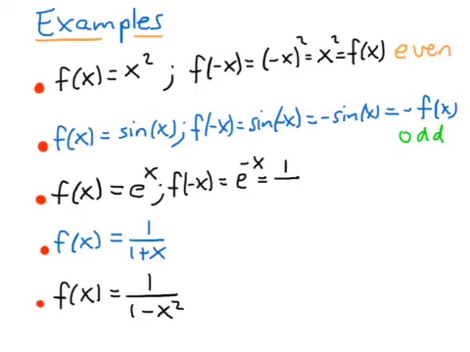This means 1 over e to the x. And 1 over e to the x is not the same thing as e to the x, and it is also not the same as minus e to the x. So our function e to the x is neither even nor odd.